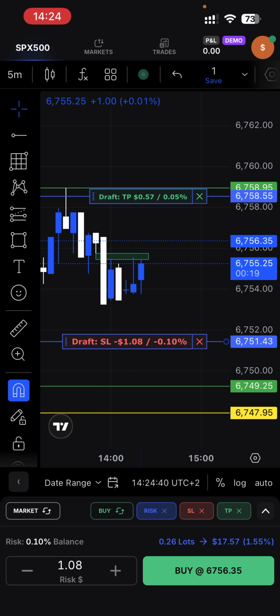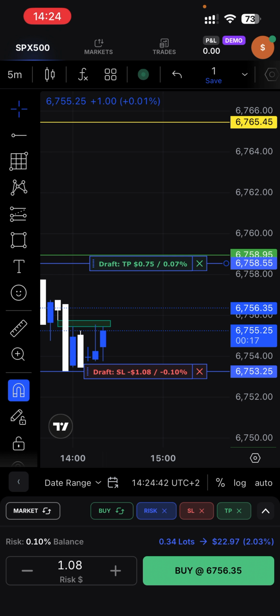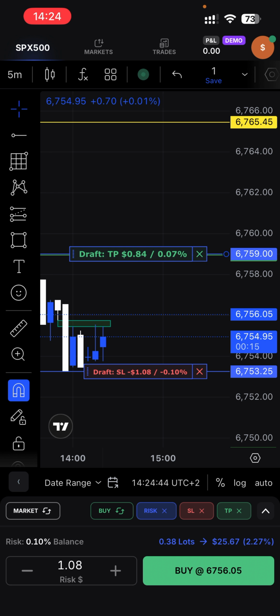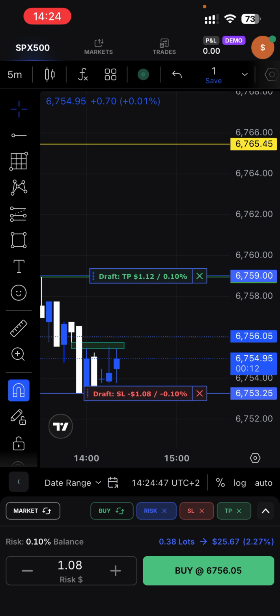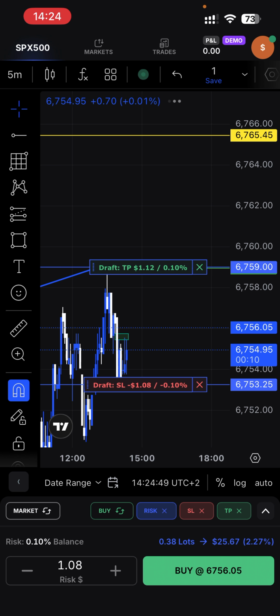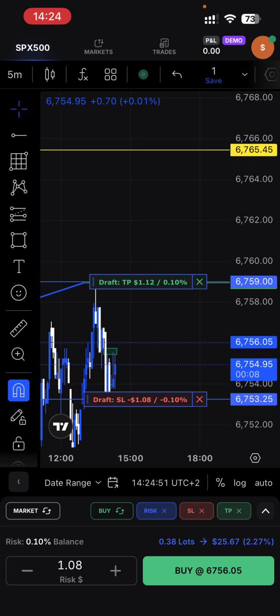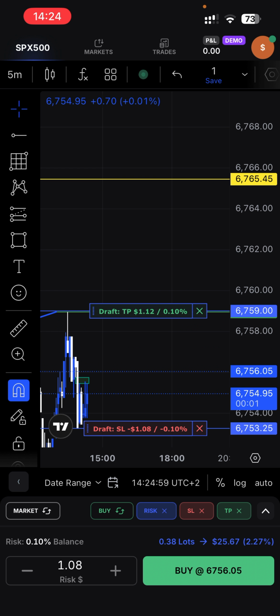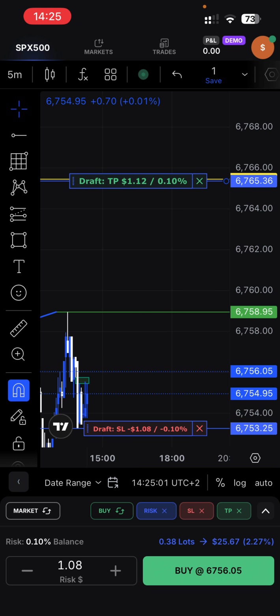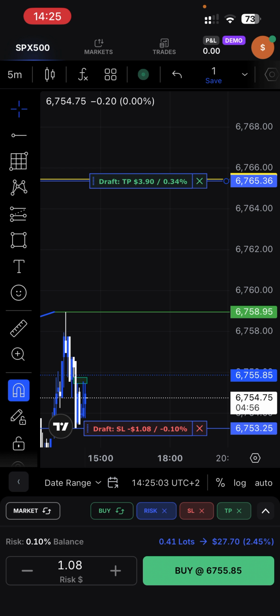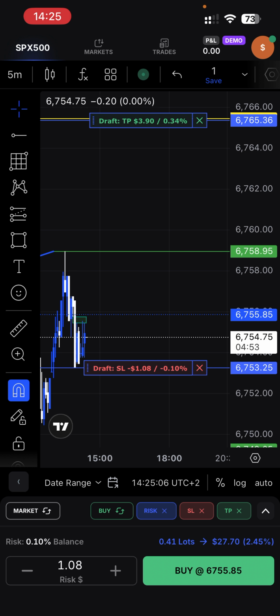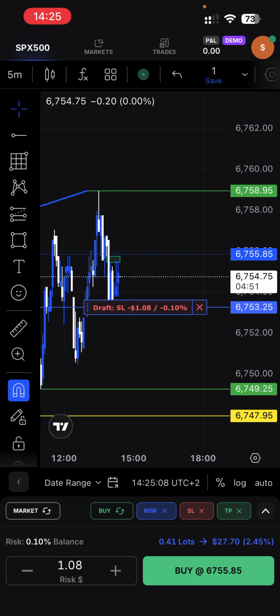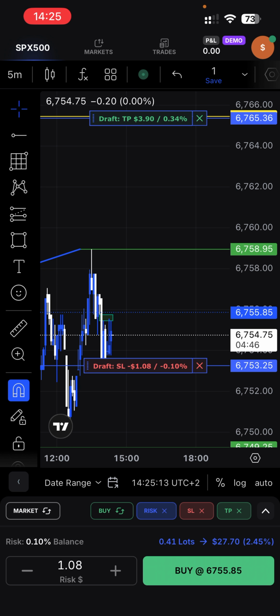I would have gained $1.12 from this. And I would lose $1.08. So if anything, I would want to be going for this. That's $3.90. I think that's kind of the trade I'm going to be taking. That's a 1 to 4 risk to reward, I think.